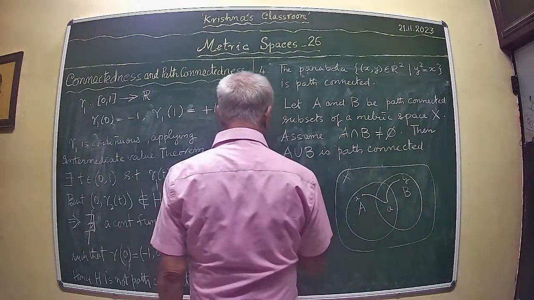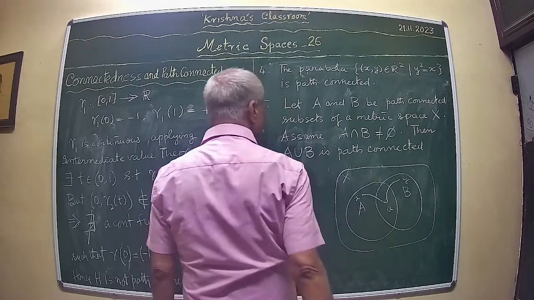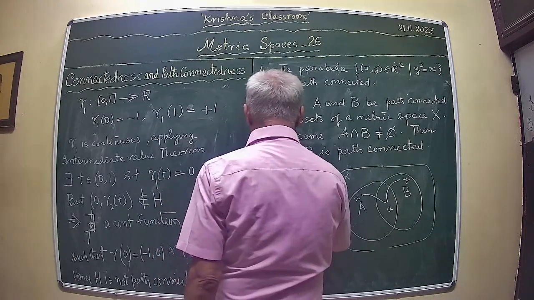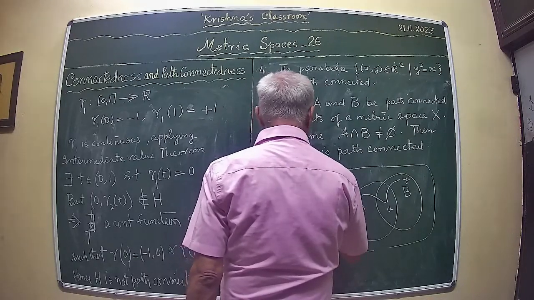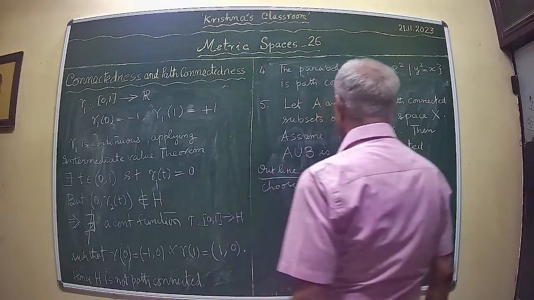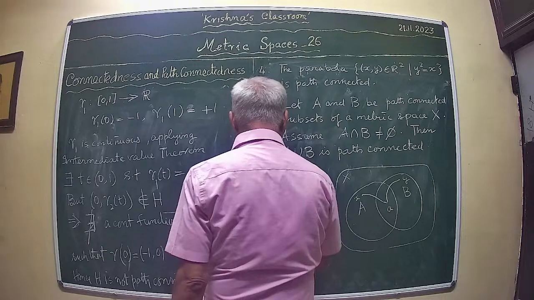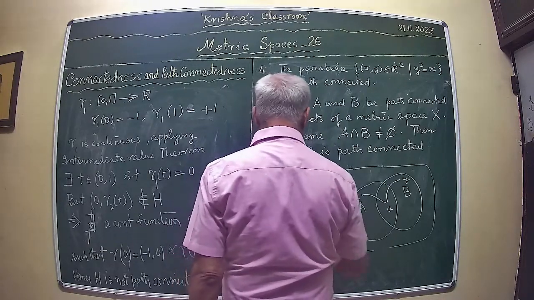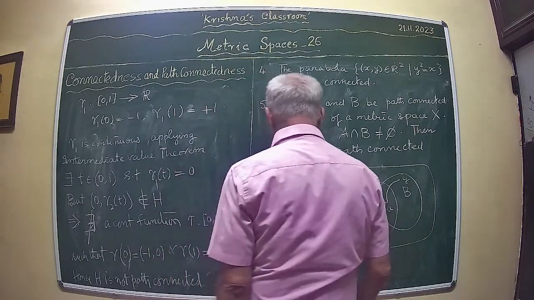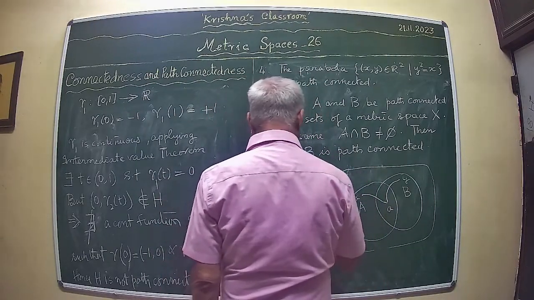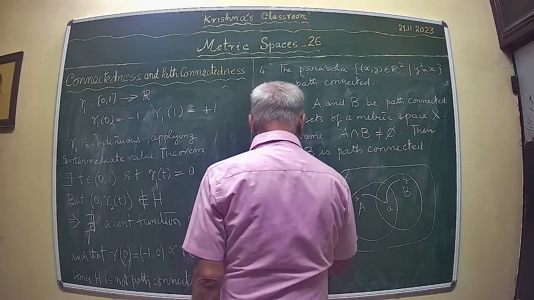Okay, so the outline: choose a in A intersection B. Now for any x belonging to A, there is a gamma 1, since a and x are path connected.